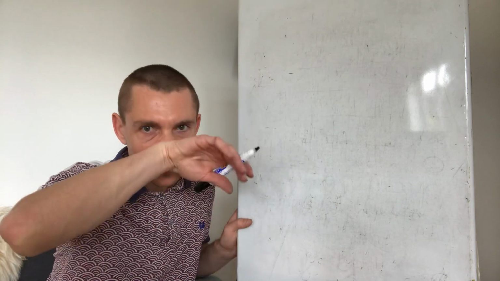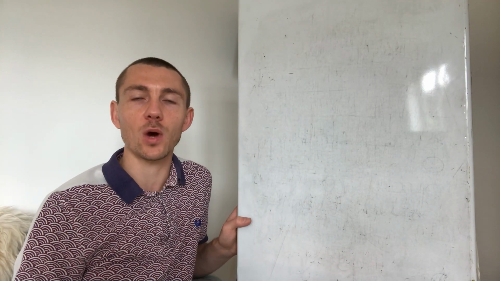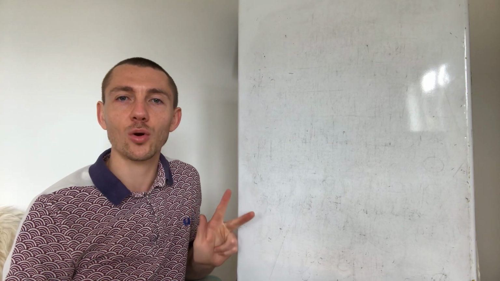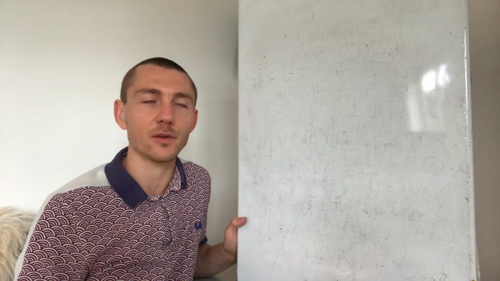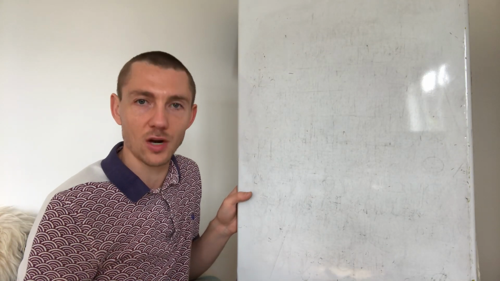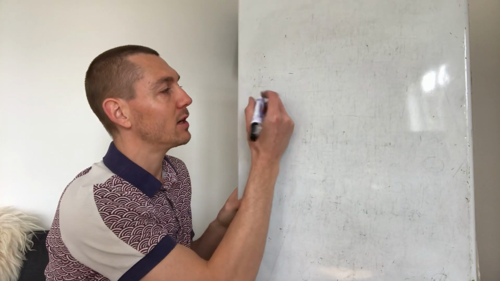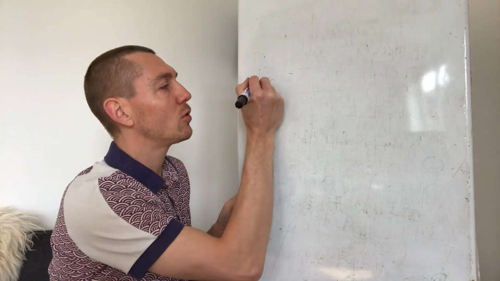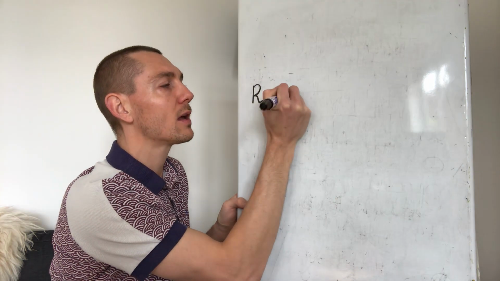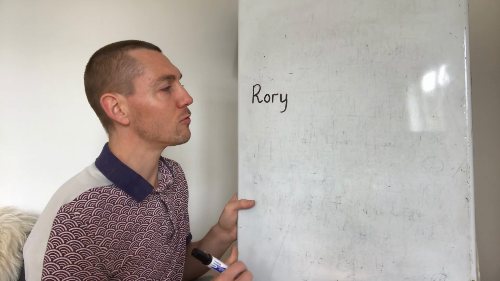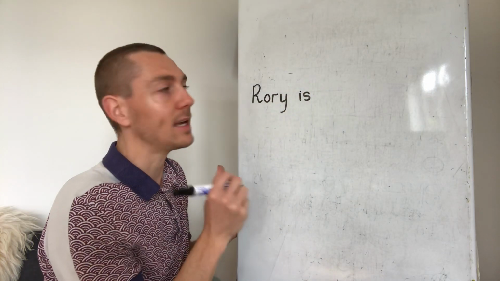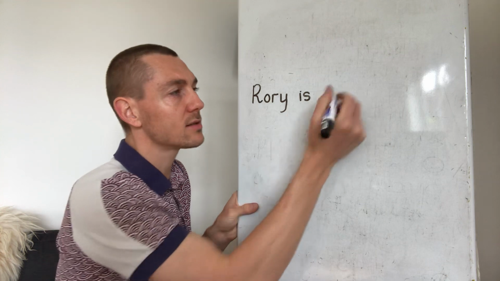Okay, so I want you to try to write the first 3 words, okay, which are Rory is cautious, means he is careful. So, Rory is cautious. Try please. Let's have a look. And we say R, or, E, Rory, is cautious.